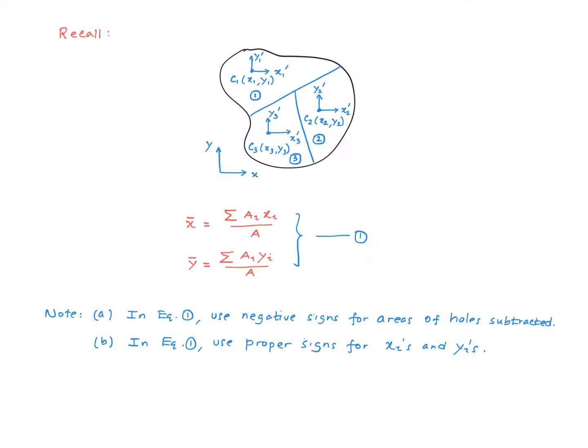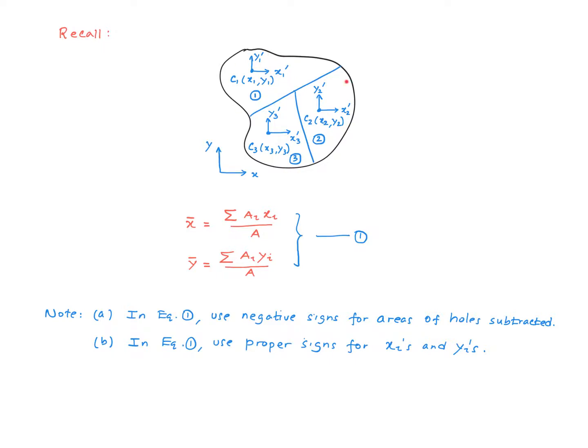If you recall, these are the equations we established in the theory video for finding the centroid of a composite section. X bar equals sum of Ai times xi divided by A, and y bar equals sum of Ai times yi over A. X bar and y bar are the x and y coordinates of the centroid of the composite section.